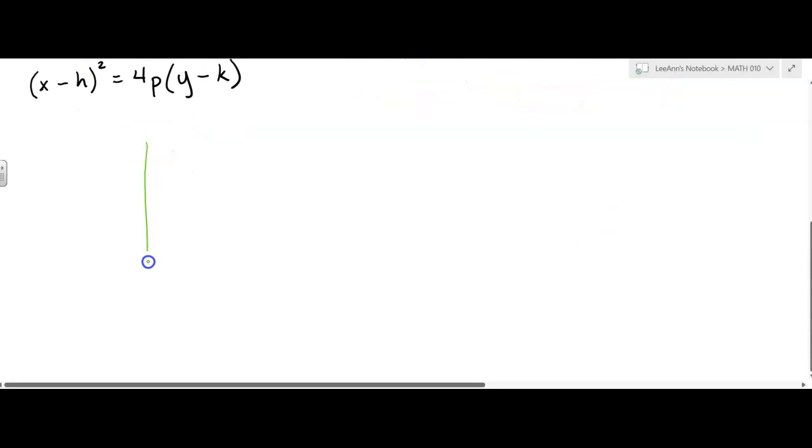So here's the coordinate system. And let's say we have a vertex here, but we're going this way. Okay, so this is going to be our new vertex, h comma k.